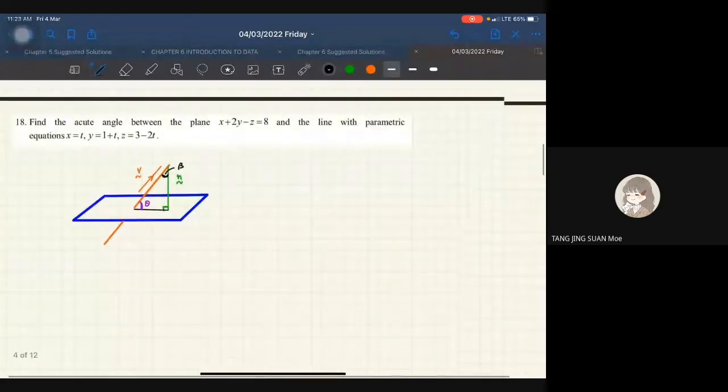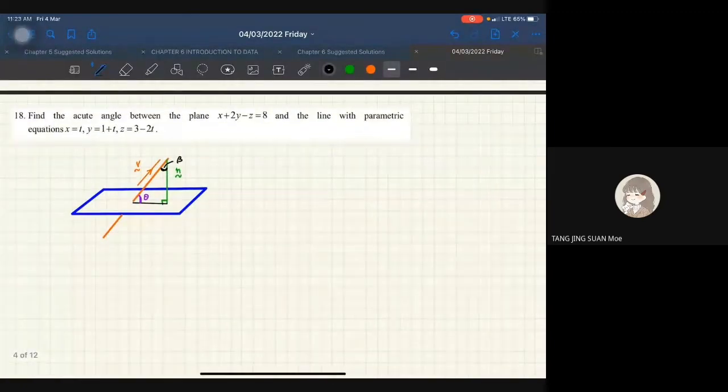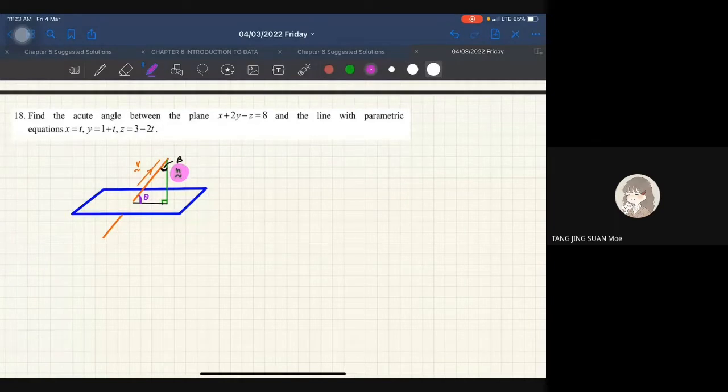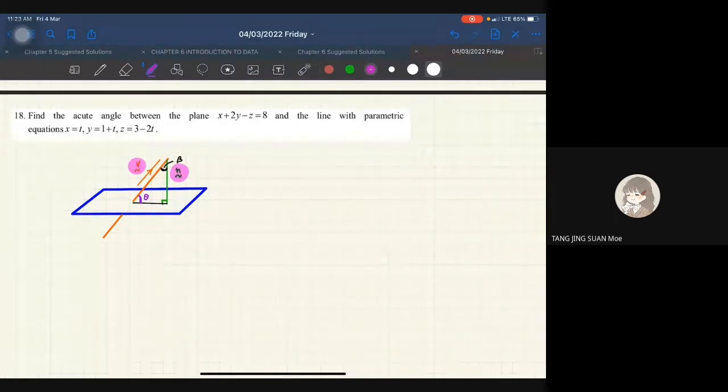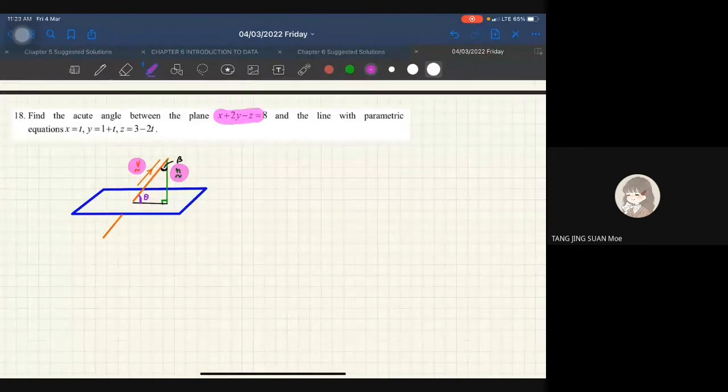Okay, so find the acute angle between the plane. So first thing yang kita mesti ada is you need to have this normal. Okay, and then second thing awak mesti ada V, vector of the line. Okay, so kita boleh dapatkan daripada equation of the plane and also equation of the line dekat sini.